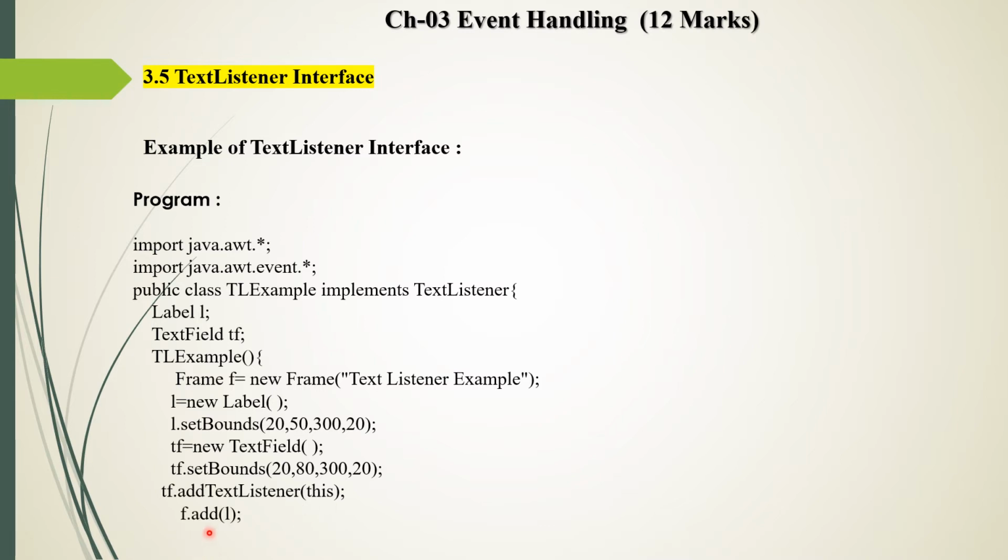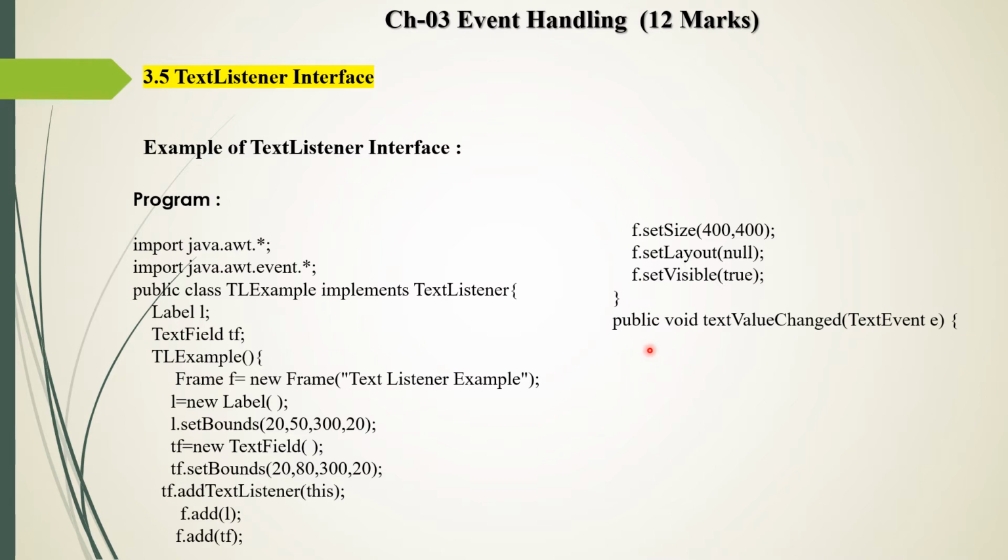Next we add our label L into the frame, F being the object of Frame. Next we add the text field into the frame. Then we set the size of the frame by the setSize method, the layout of the frame by the setLayout method, and the visibility of our frame by the setVisible method.